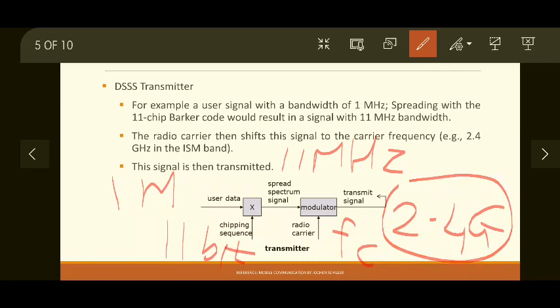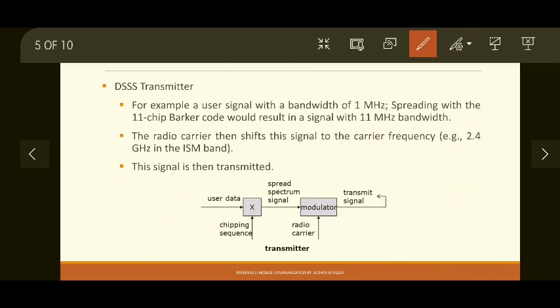So we avoid using this particular frequency in the first stage. So we are taking it step by step. That is the reason we are using two steps for DSSS. The first step is spreading the signal and the second step is modulation, which will give us the desired 2.4 gigahertz frequency, and that would be transmitted.